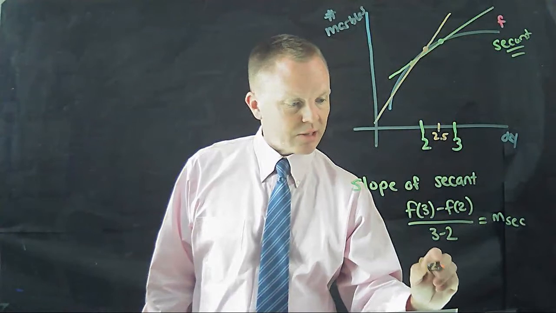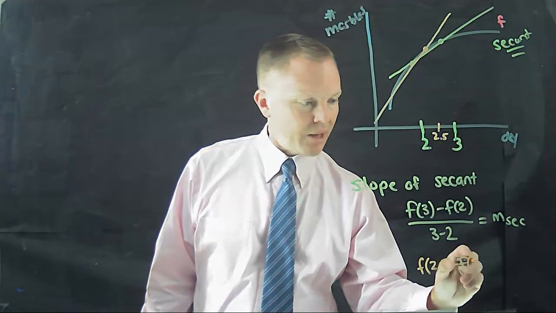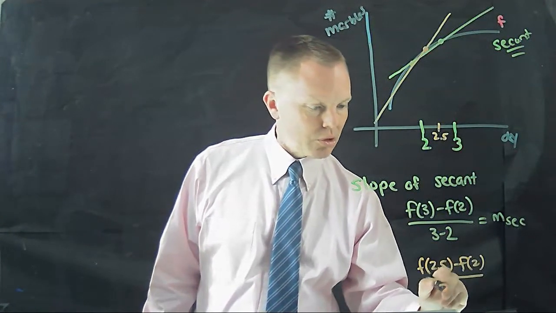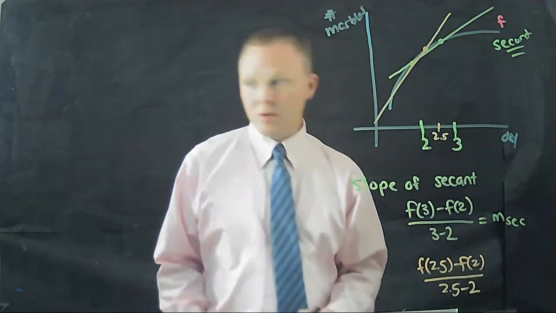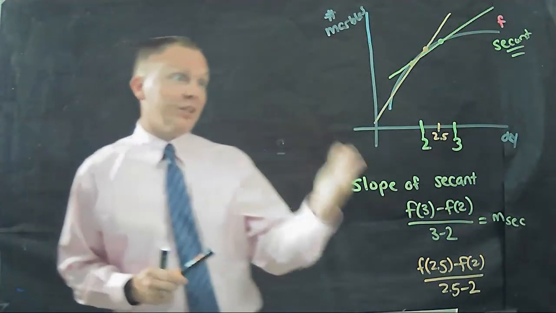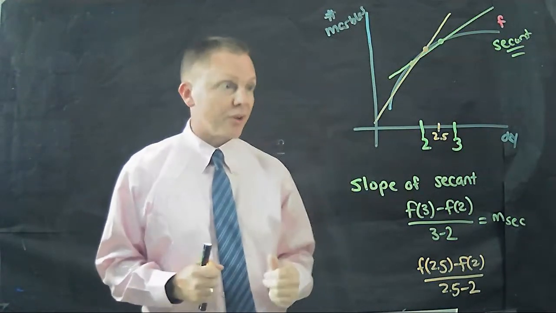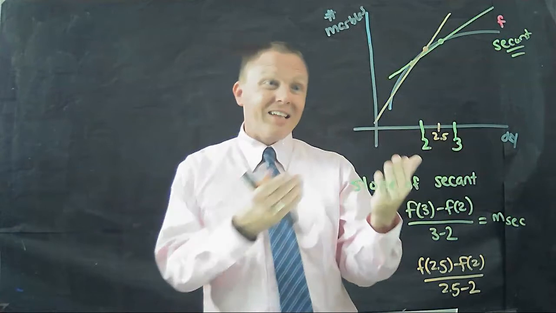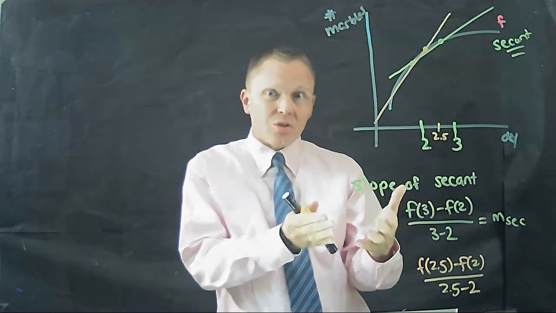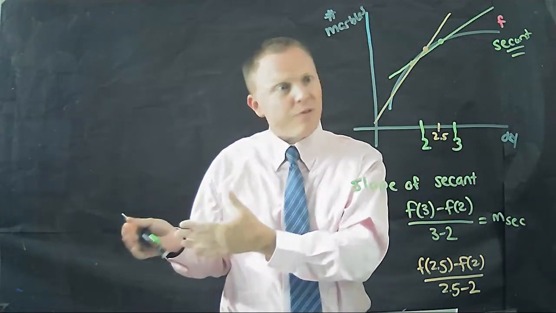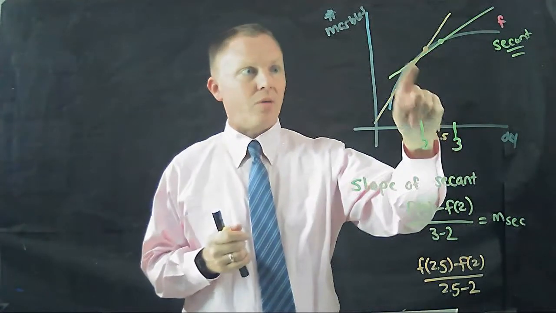Well, algebraically, we would say that's f of 2.5 minus f of 2 over 2.5 minus 2, right? That's a different secant line. It's a different average rate of change, but it's maybe closer to the answer that I was looking for of what the marbleometer is reading right there.